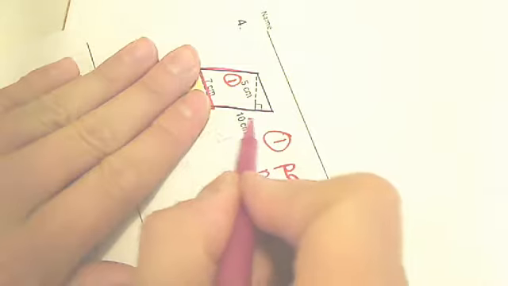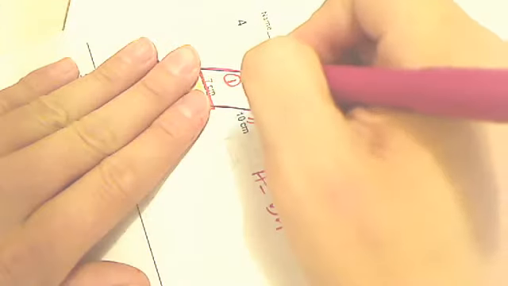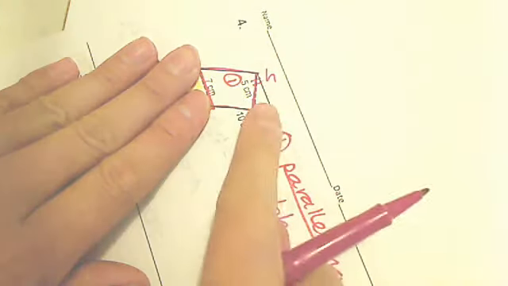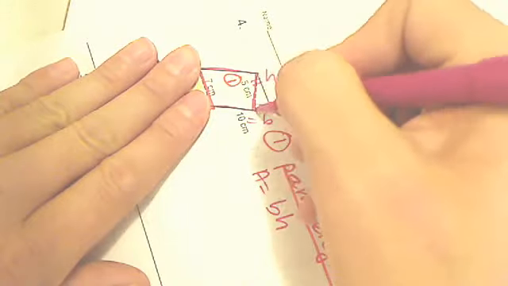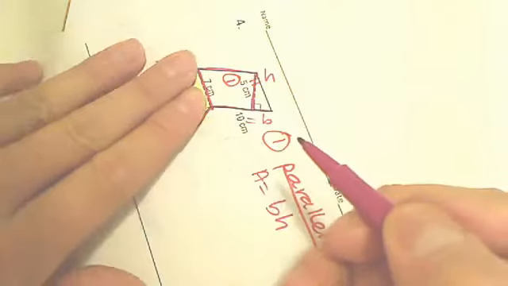10 is the base. The height is actually not 7. It's 5, because see how it has a direct line top to bottom? That's the height. The 7 just happens to be the measure of the side. That is not the height.